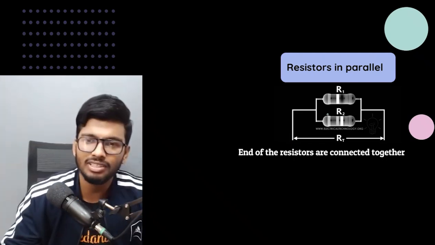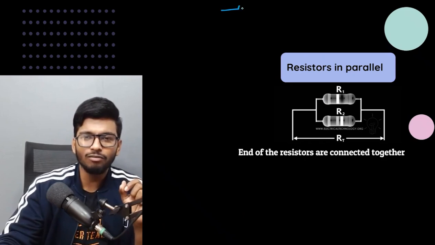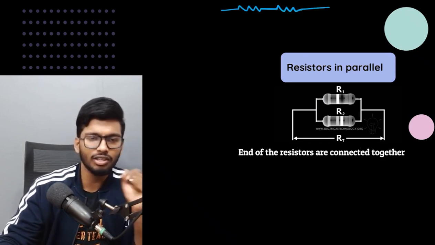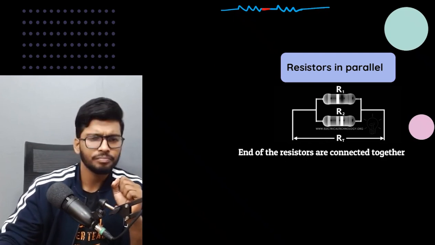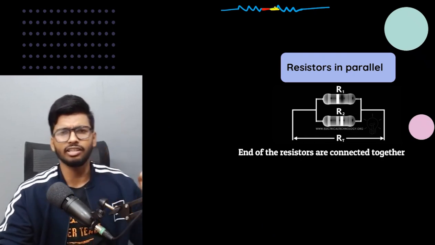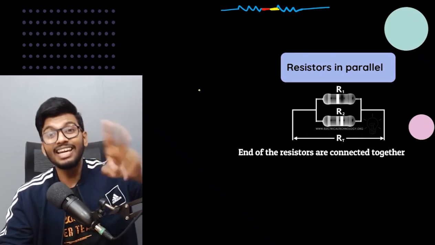So here what happens is, in series connection, only one end of one resistor was connected to the other end. Basically imagine that this is one end of one resistor, and this would be the other end of the other resistor, and that is what is series connection. In parallel connection, both the ends are connected.